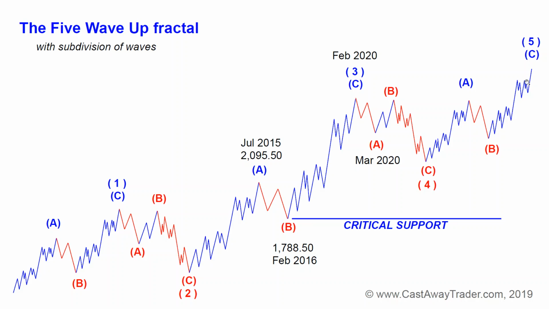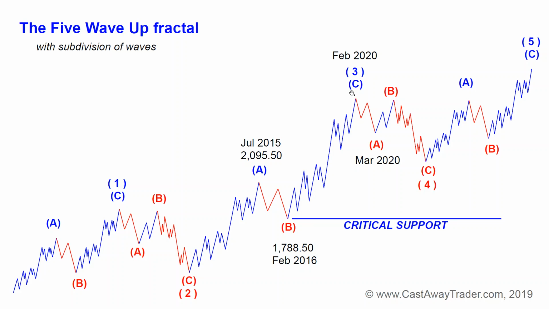That would mean that the top made in February 2020 was not the top of the rally made in 2009. As long as we hold over that critical support, we can expect continuation of the rally after completion of that ABC move down in a corrective wave 4.